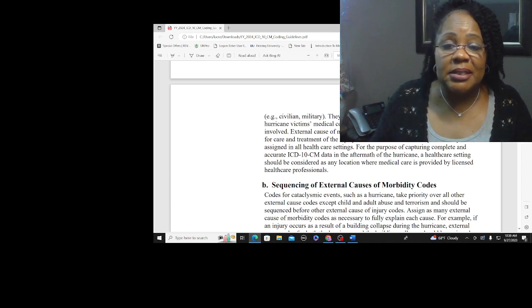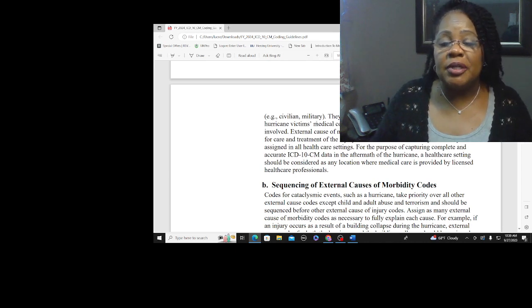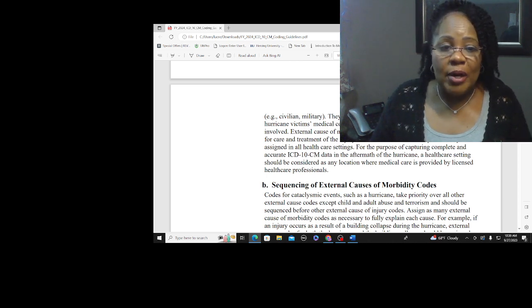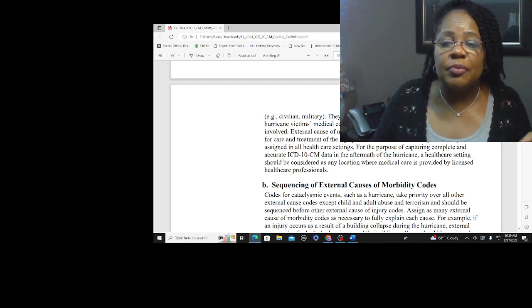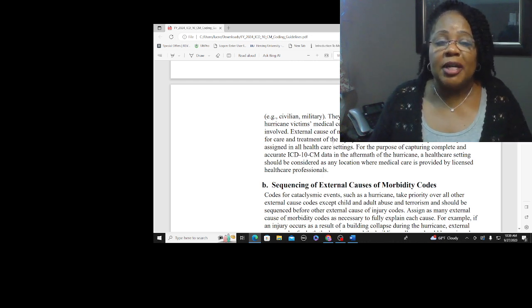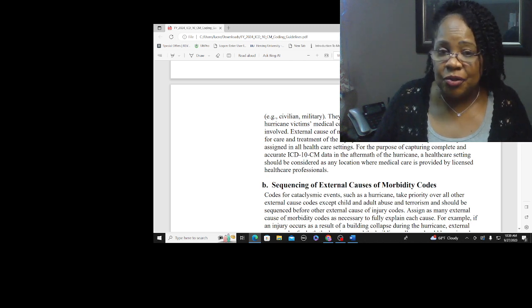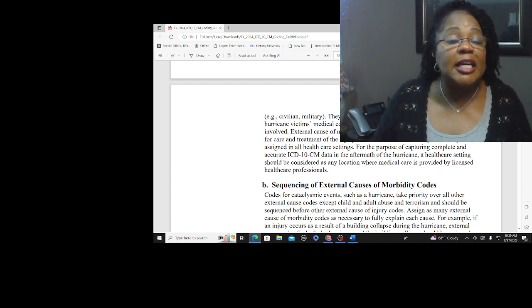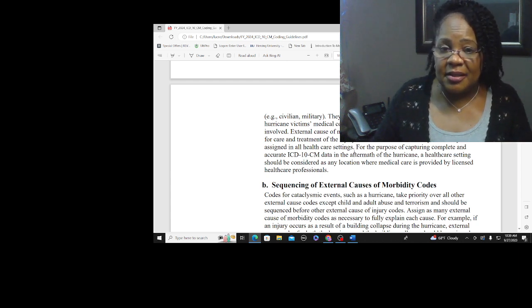They should not be assigned for encounters to treat hurricane victims' medical conditions when no injury or adverse effect or poisoning is involved. External cause of morbidity codes should be assigned for each encounter for care and treatment of the injury. External cause of morbidity codes may be assigned in all healthcare settings.